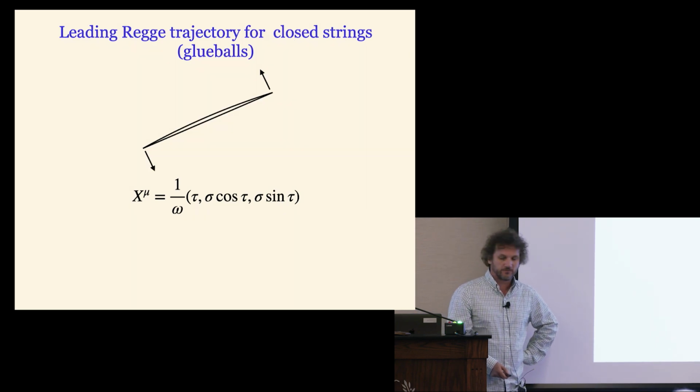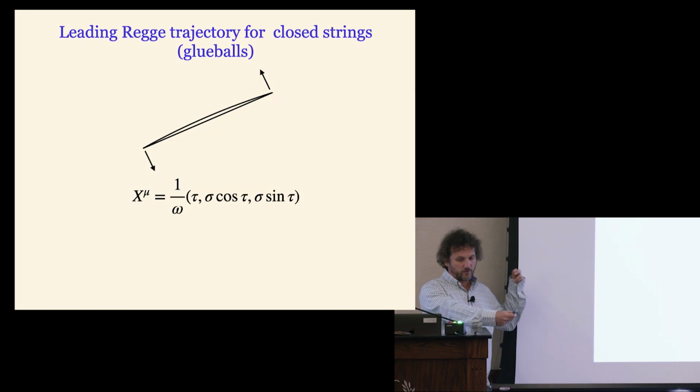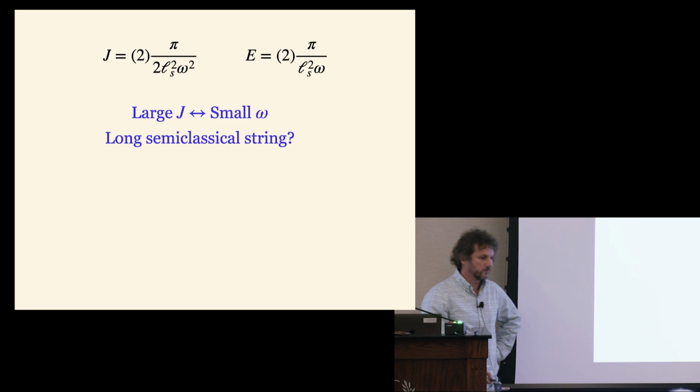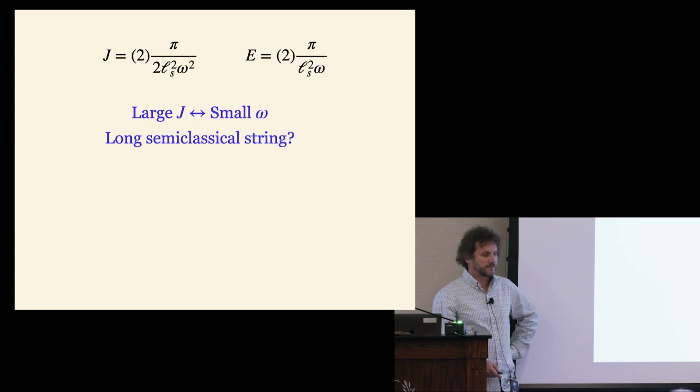And similarly for closed strings, relevant for glueballs, the leading Regge trajectory would be described by this folded string. So basically, it's twice the same solution. For this solution you may evaluate the value of J and the value of the energy. That gives, of course, the classical linear Regge slope.